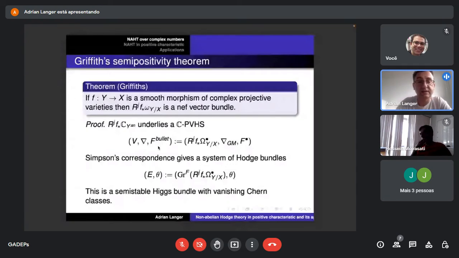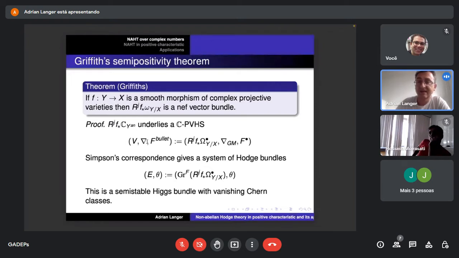So this is really non-abelian Hodge theory in this case. If you take the higher direct image of the constant sheaf on our variety Y, then this corresponds to a local system which underlies some flat vector bundle, which in this case is a complex polarizable variation of Hodge structure.